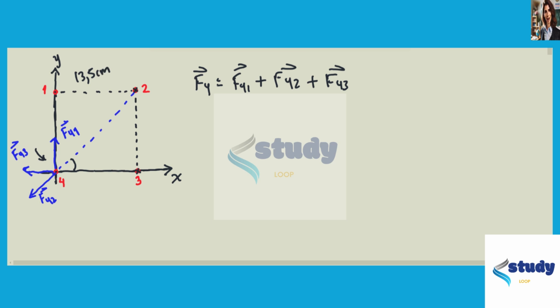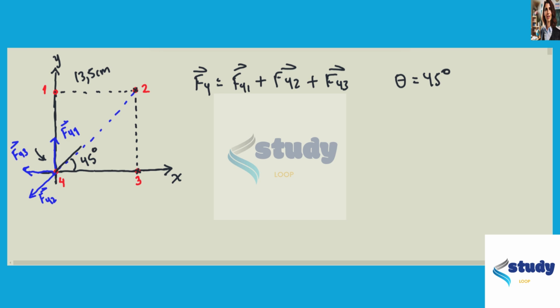So this angle forms 45 degrees because it is half of 90 degrees, which is what the x-axis forms with the y-axis. So we have that angle that we call theta, 45 degrees.